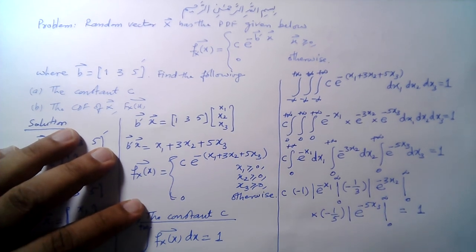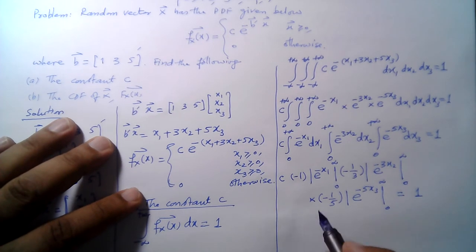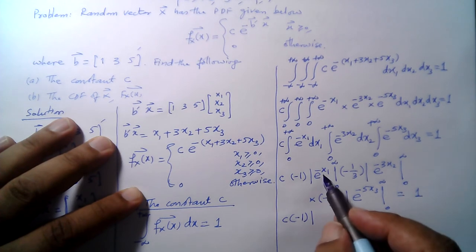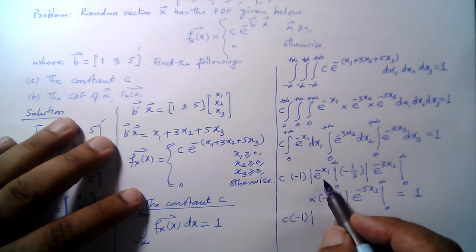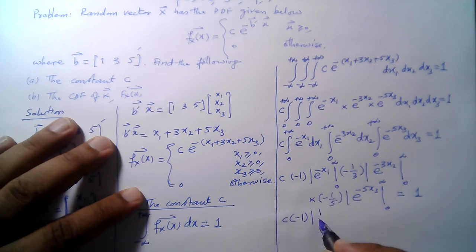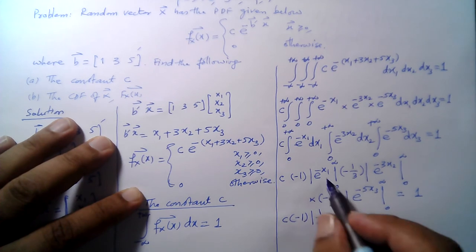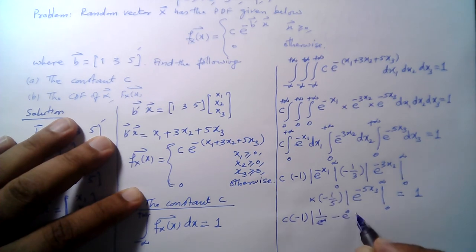So let us now substitute the values for the limits here. So this is c into minus 1. e raised to power minus x1 is basically 1 over e raised to the power x1. So this is 1 over e raised to the power infinity, and minus e raised to the power 0.